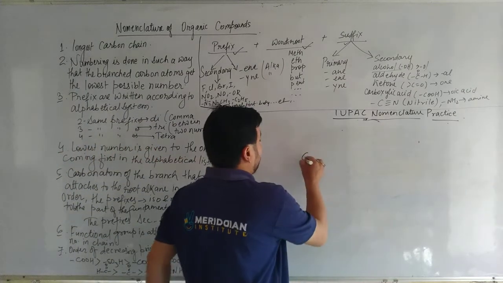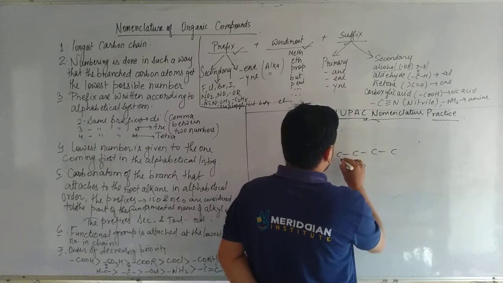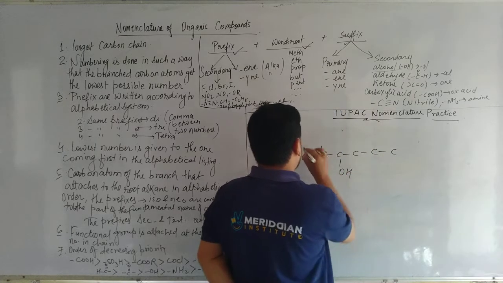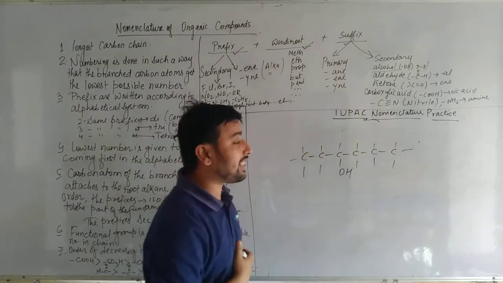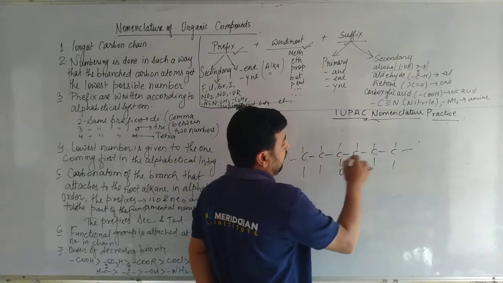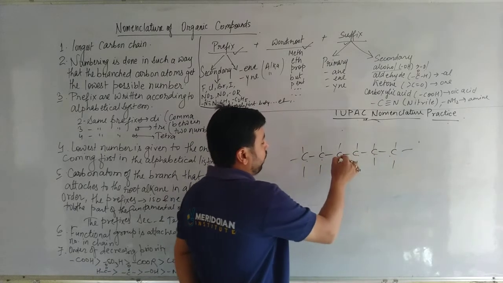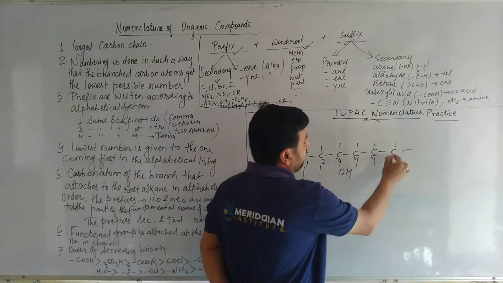Just suppose there is a 6 carbon chain, 1, 2, 3, 4, 5, 6, and here there is one OH and the rest is hydrogen. To write the name of this compound, you count 1, 2, 3, on the third position alcohol is there, or 1, 2, 3, 4, fourth position. So wherever the position is nearer, we count from that side.